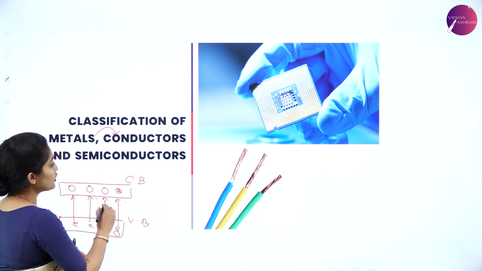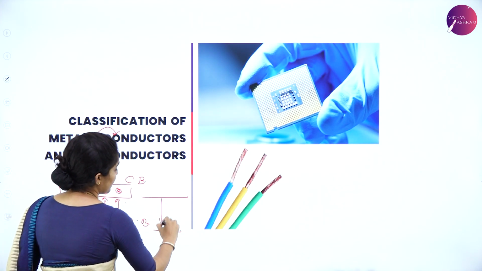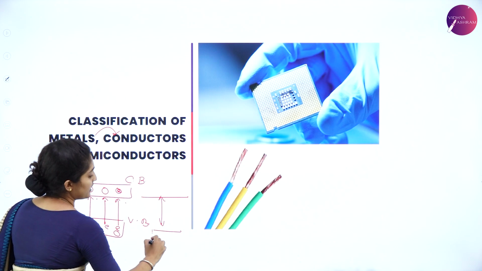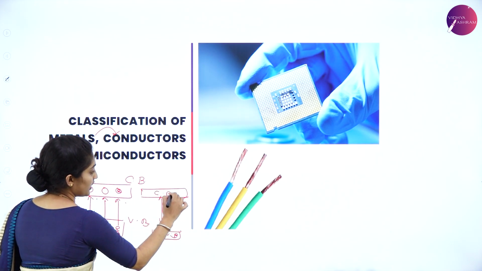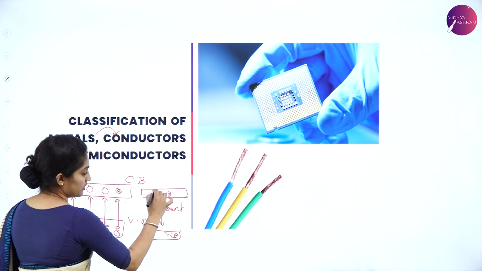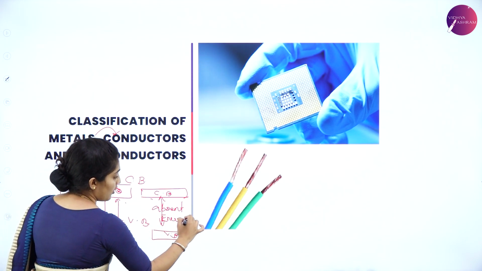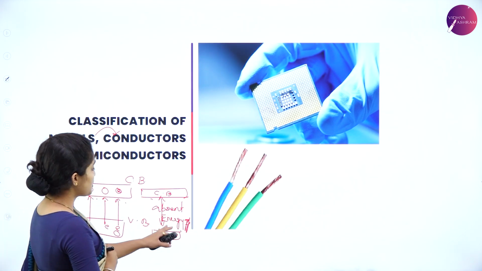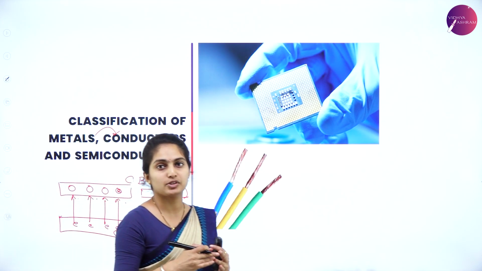In case of metals and conductors, it is the same: the energy gap between the valence band and the conduction band is absent. This is called the energy gap or forbidden energy gap. This energy gap is nil in terms of metals or conductors.